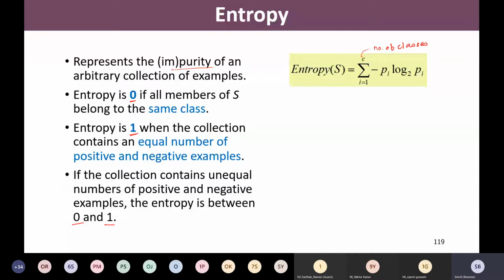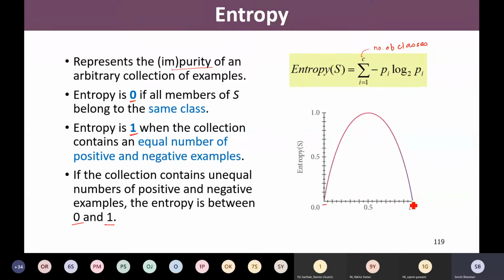Right? Any fraction. Pictorially, we can see that if all the samples belong to class 0, or all the samples belong to class 1, then my entropy would be 0.